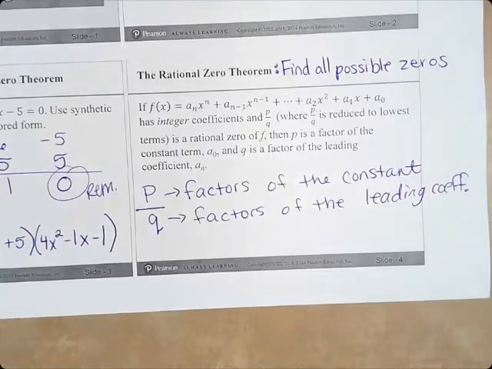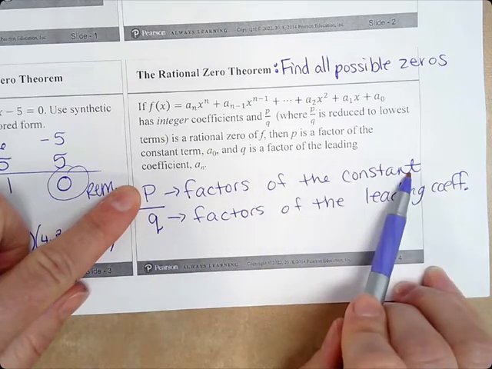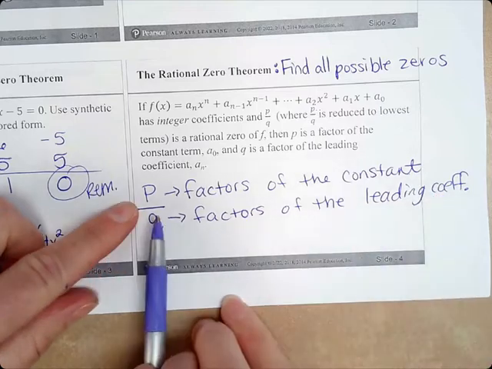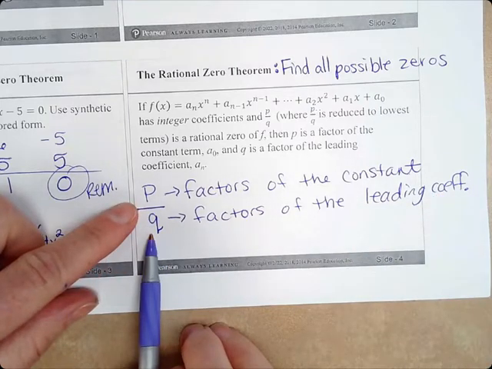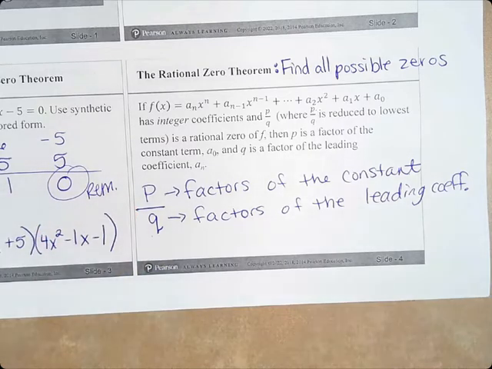Then you find all possible ratios, so you mix and match all the factors of our constant with factors of our leading coefficient. You have lots of different ratios, and you can try those fractions out as zeros by using synthetic division.